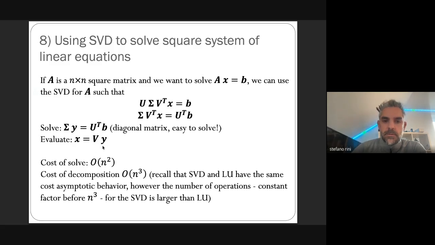And then you do x equal to V times y. So the cost of solving becomes N squared because there is no inverse, just a diagonal matrix, and you have to do back substitution. And then you have to calculate the decomposition, and we saw that the decomposition takes N cubed. So if you have to solve this system of equations more than N times, then you're better off computing the decomposition first and then applying it multiple times.